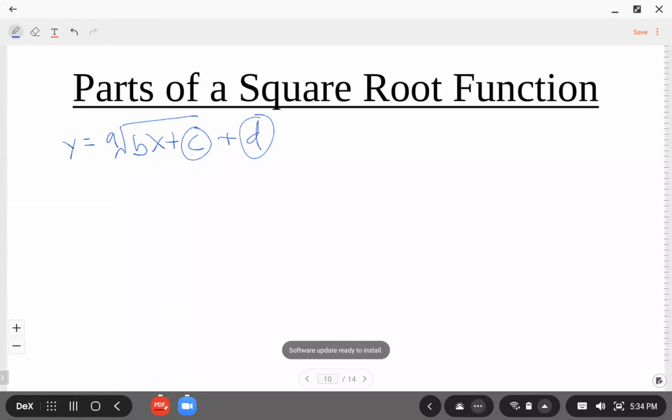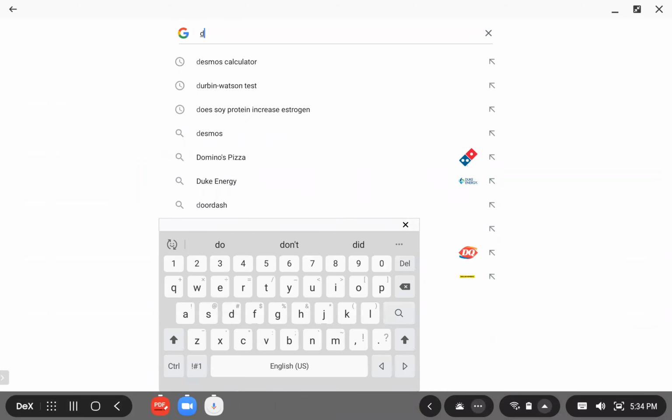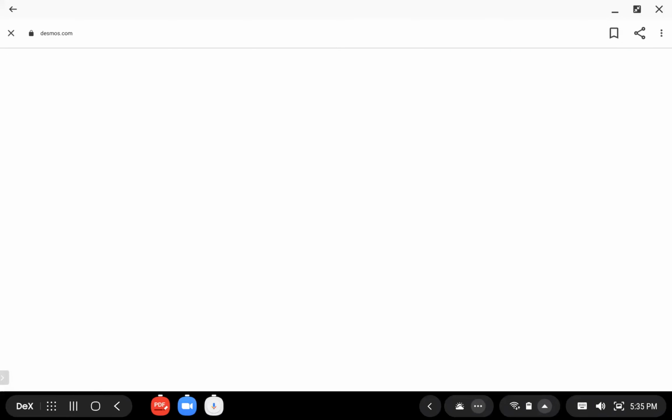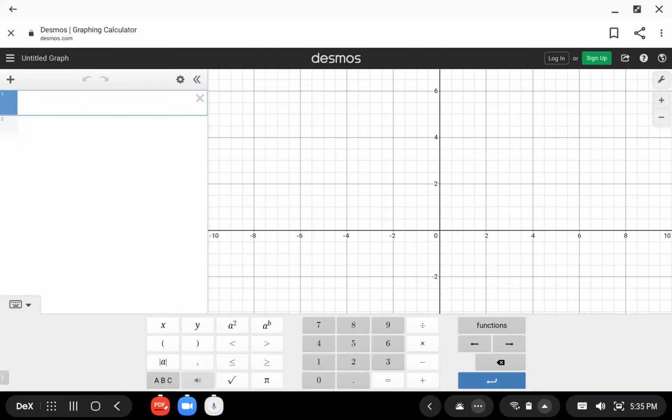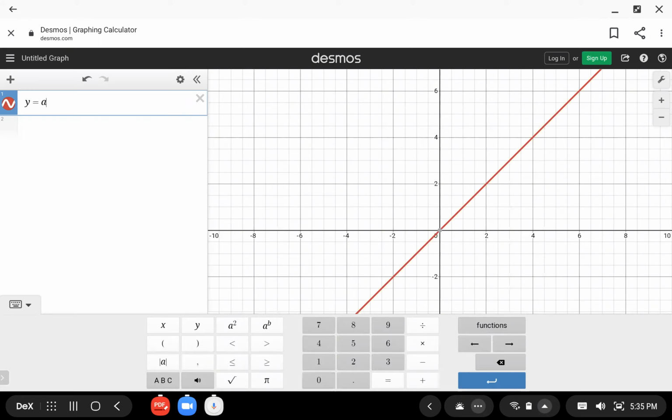So now let's look at Desmos. Where the heck is Desmos? It's gone? That's very sad. Let's go back to Desmos. Hold on a second. y equals, wait, with a, y equals a times, where the heck is square root?